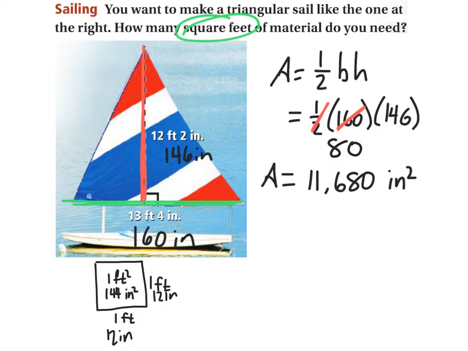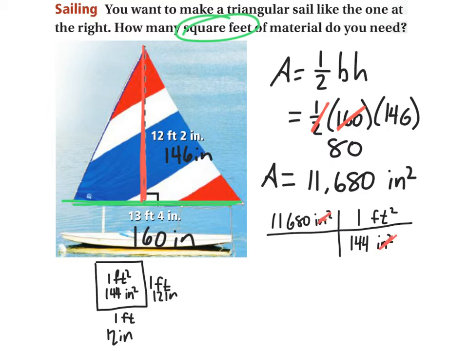144 square inches. Okay? So when I convert this, I have my 11,680 square inches. I want the square inches to cancel. Well, I know that there are 144 square inches in 1 square foot. And so again, I put the 144 square inches on the bottom because I want the square inches on top to cancel with the square inches on the bottom.